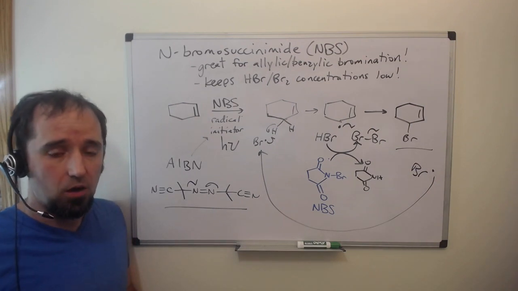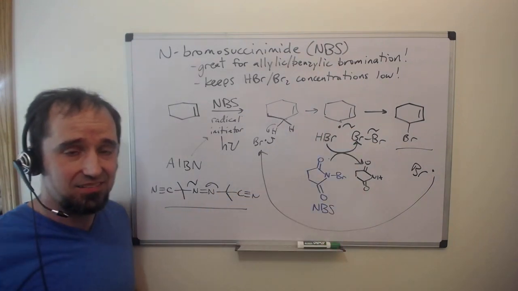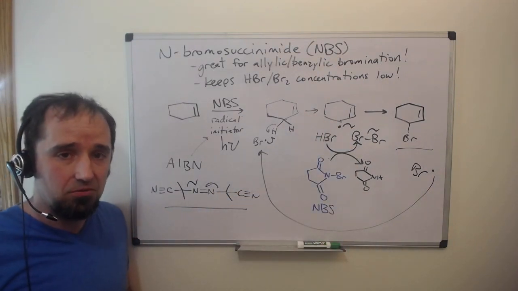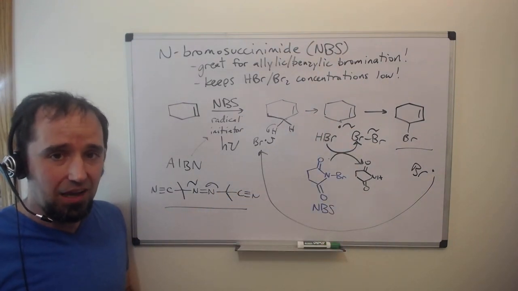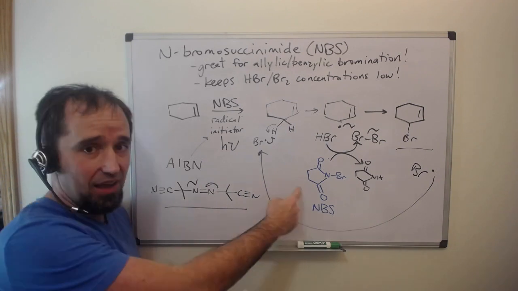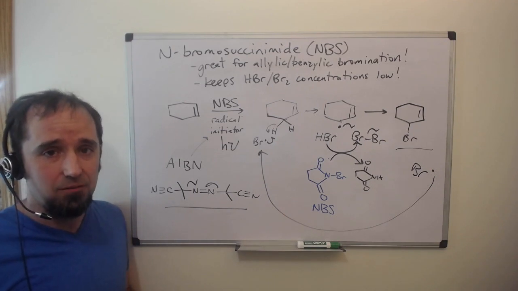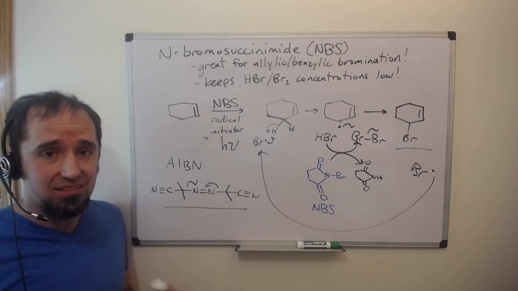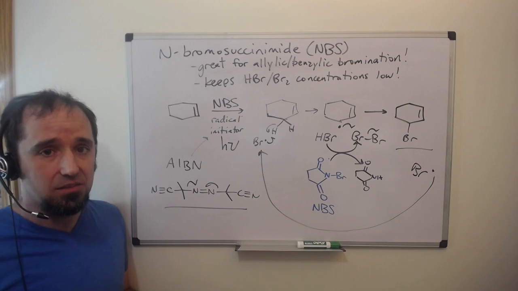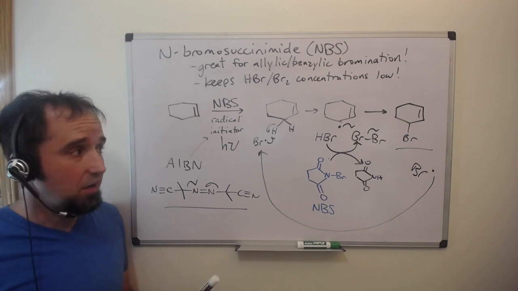Okay, so all of this is kind of a nice, turn-the-crank catalytic system. I don't need to have a big supply of Br2 or HBr in the pot because NBS is helping me flip back and forth to get the one I need. And so this is a really nice, gentle, high-yielding way for me to do allylic and benzylic bromination, which I'll remind you is pretty cool, right?